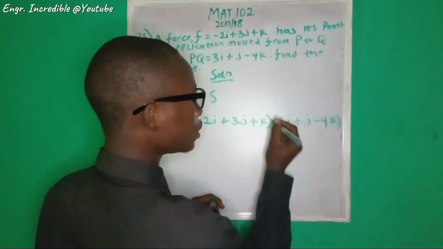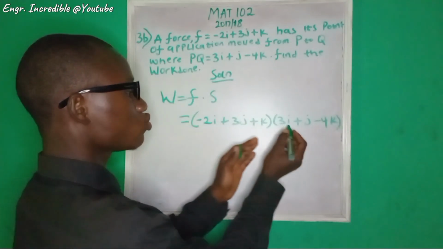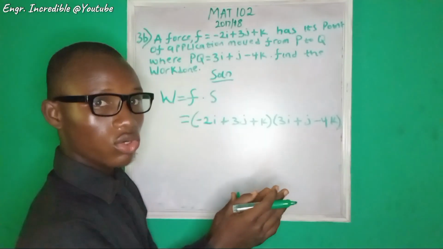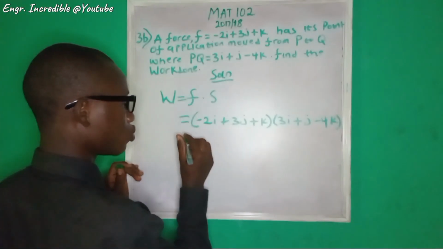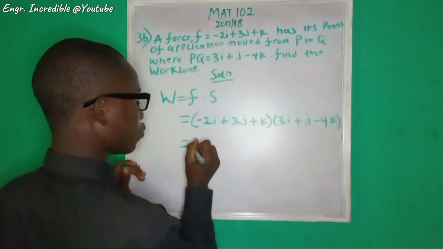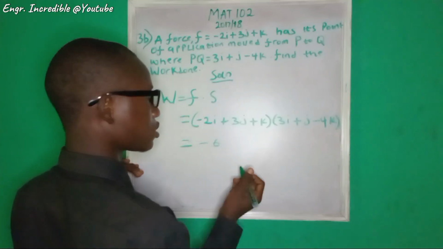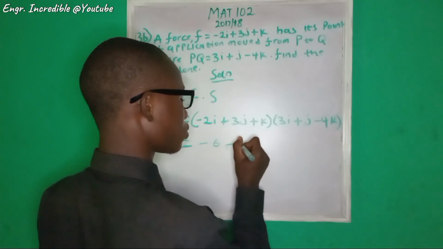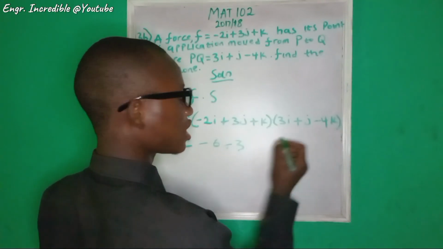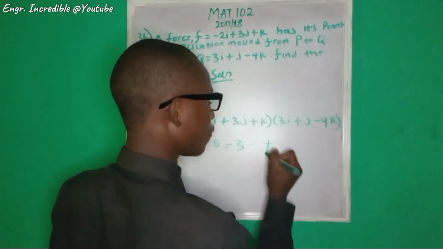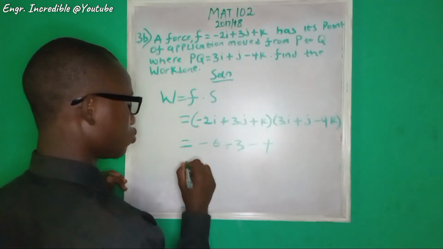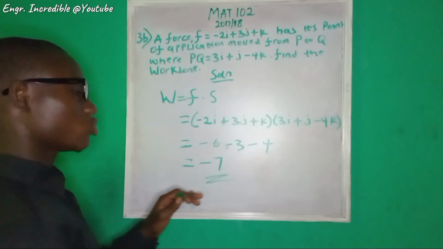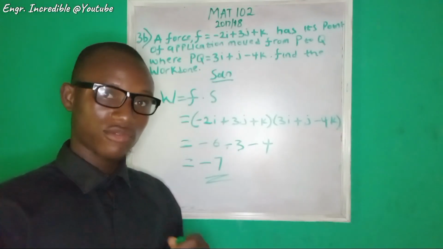This is a dot product here. So minus 2 times 3i, that is minus 6, since i times i is equal to 1. So we have this as minus 6. Then 3j times j, that is plus 3. Then k times minus 4k, that is minus 4. So if we add this together, this is going to give us minus 7. So the work done is equal to minus 7 units.